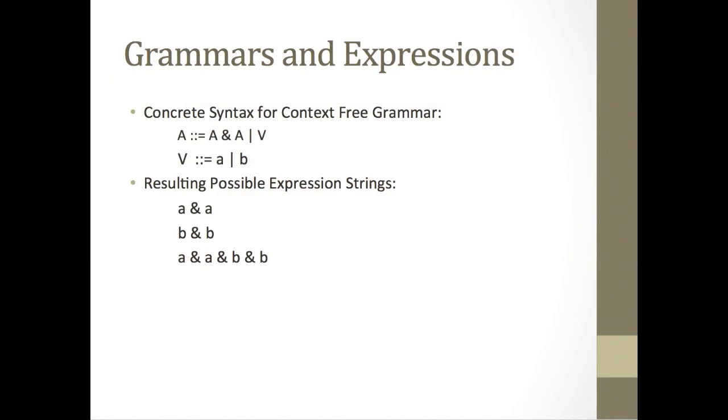And below you can see some resulting possible strings using our production rules that we can make: A and A, B and B, A and A and B and B, and essentially you can make almost any string resulting in A's and B's, but they have to be separated by the and symbol.